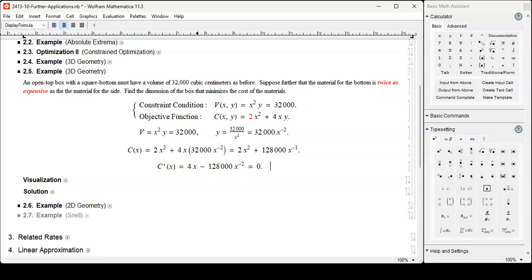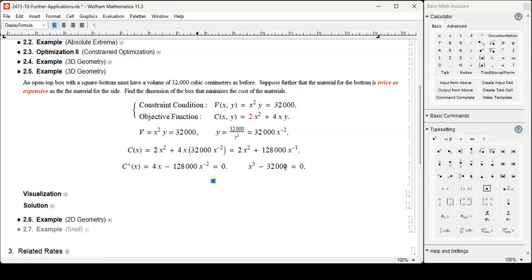Okay, alright. Divide each by 4. X minus 32,000 x to the negative second power. Multiply by x squared, so we get x to the third power, and this is going to be gone.